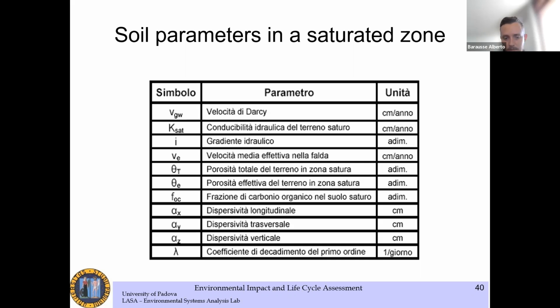Again, this is an example. So you may decide to neglect it because that's precautionary. If you are not sure about the degradation rate of your contaminant, you neglect it because that's precautionary.